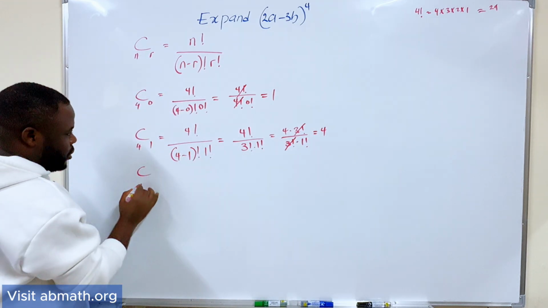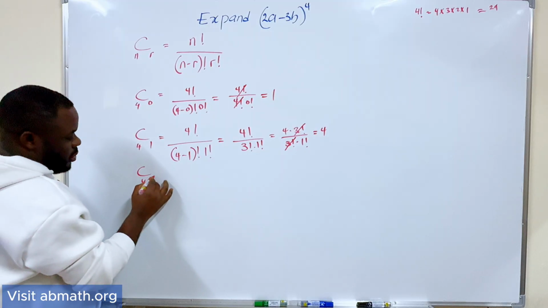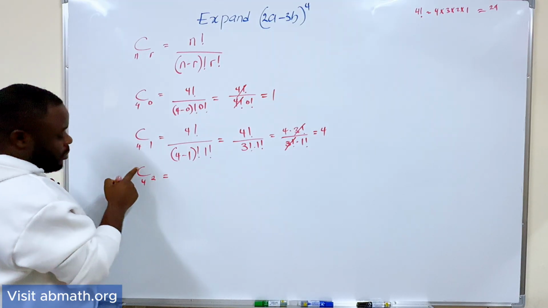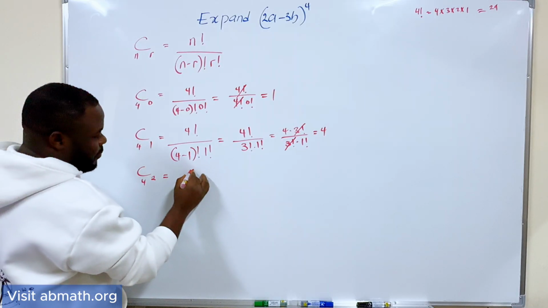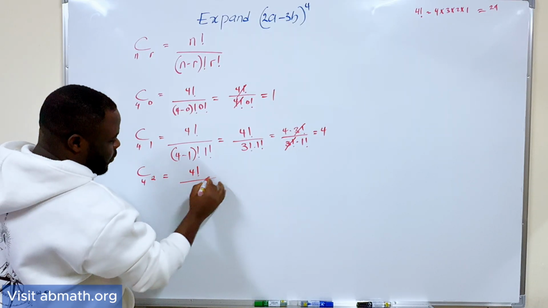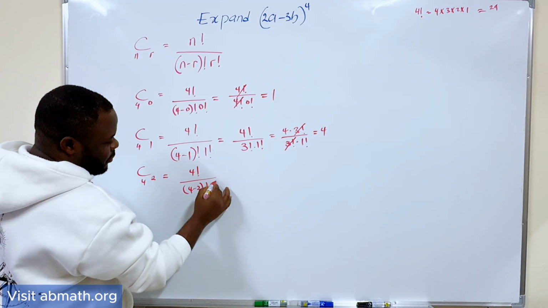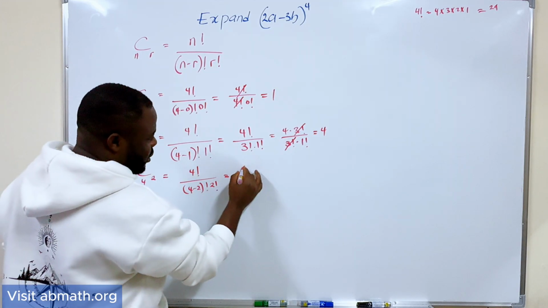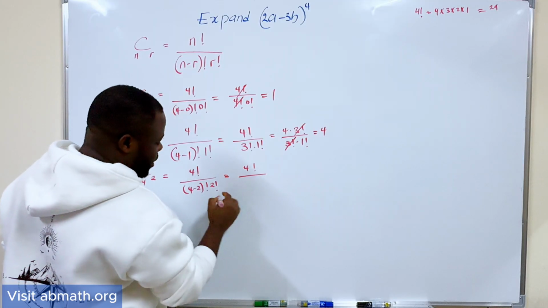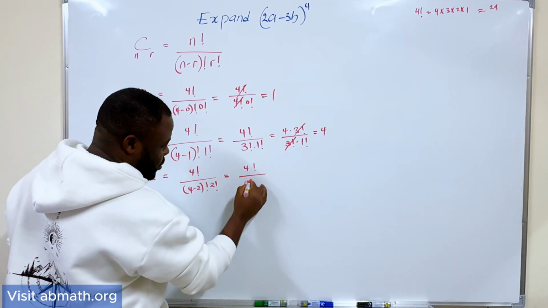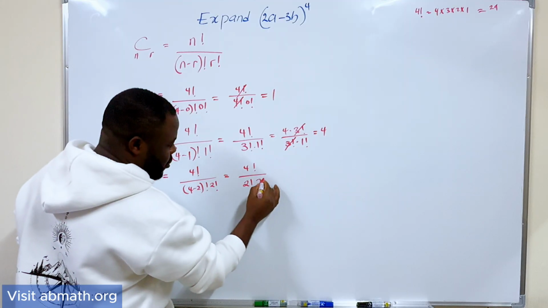So let's go to the third term, which is combination 4 2. You now have 4 factorial over 4 minus 2 factorial, then we have 2 factorial. So this will be 4 factorial over 2 factorial, then 2 factorial.